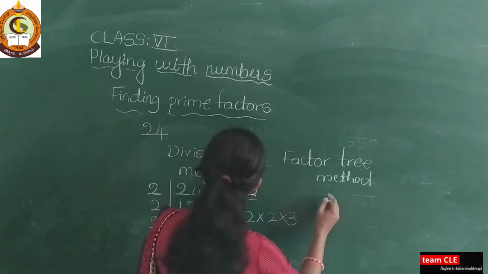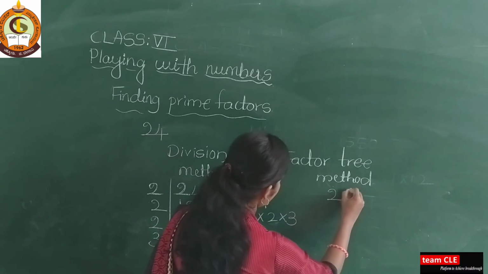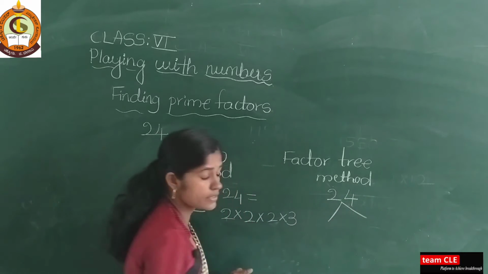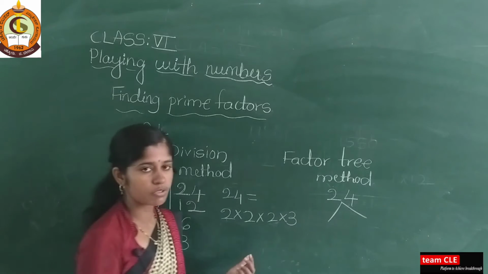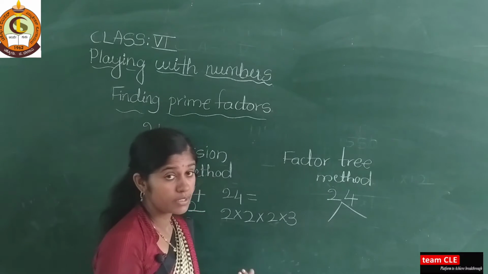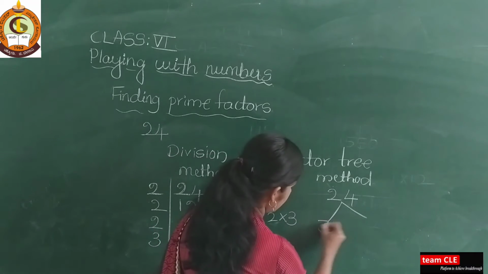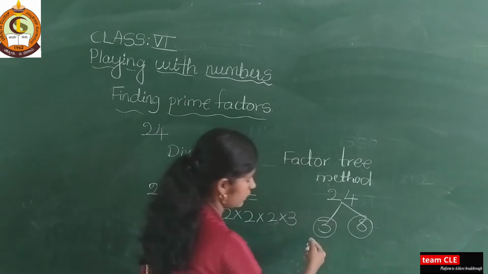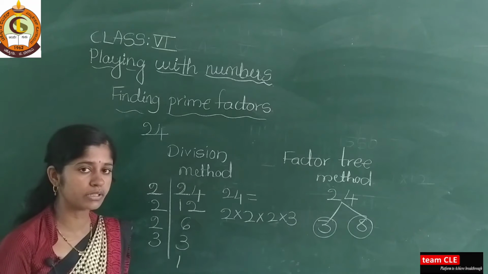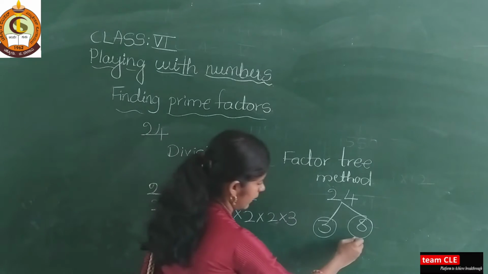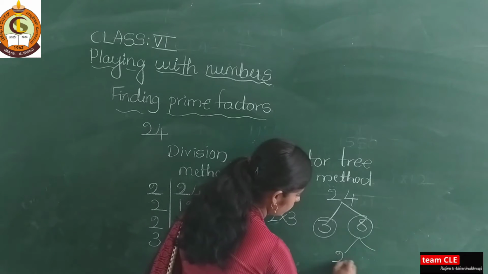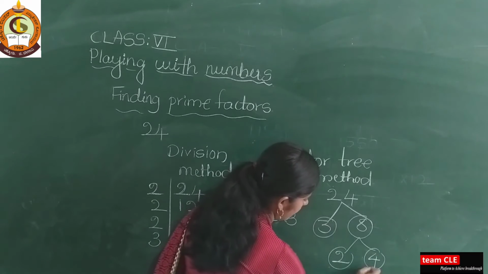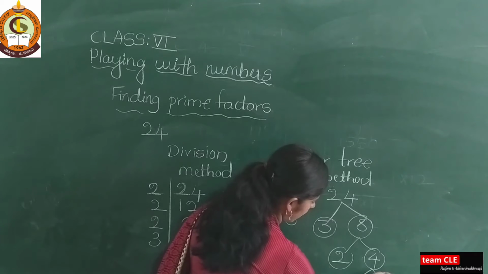Now the tree method. 24 is there. Here you can take 2 twelves, or you can take 3 eights are 24. Here you stop at 3 because I already got 3 as a prime factor. Next you take 2 fours are 8, and next 2 twos are 4.